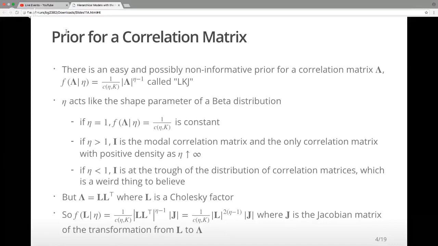Most people don't even know that they're there. But for the people who dig through the documentation, they find that it's relatively easy to change them a little bit in a more informative direction. And that also tends to work well.